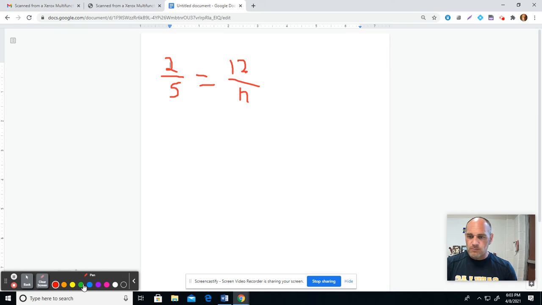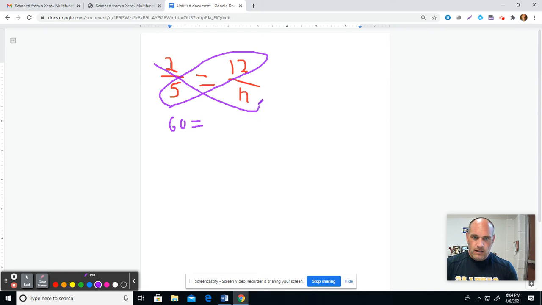So if I cross multiply this, if I multiply this way, 5 times 12 is 60, and equals, and if I multiply this way, 2 times n is 2n. All right, so we have an equation here now, and this is what today is all about. I need to get n all by itself.